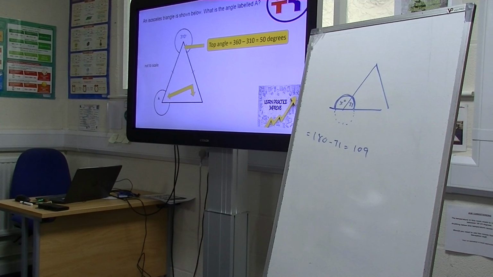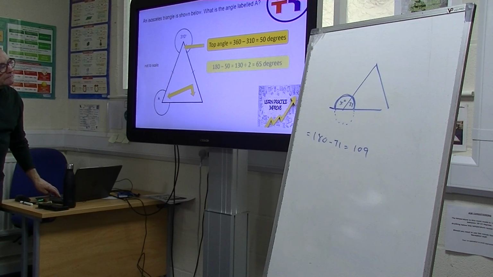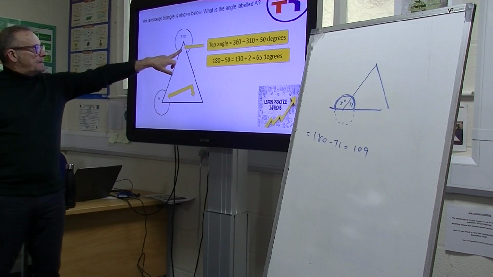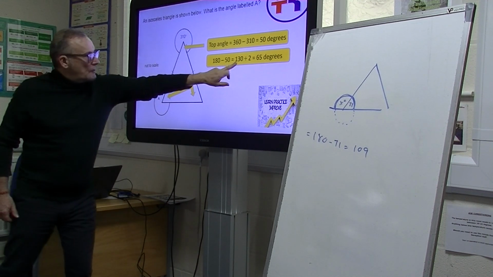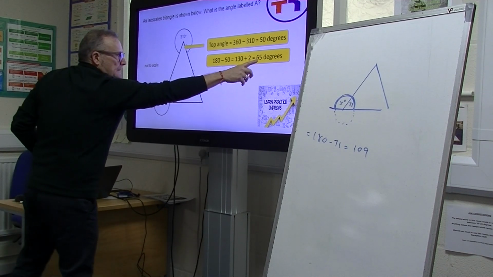So what are those two angles? 65 each. Yeah. 180 in the triangle, minus the 50 that we know, gives us 130. The 130 split between these two angles is 65.